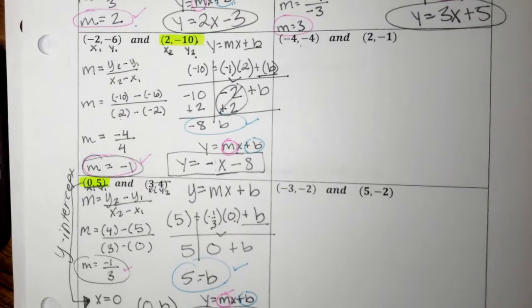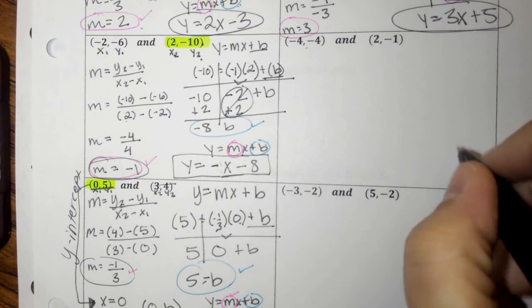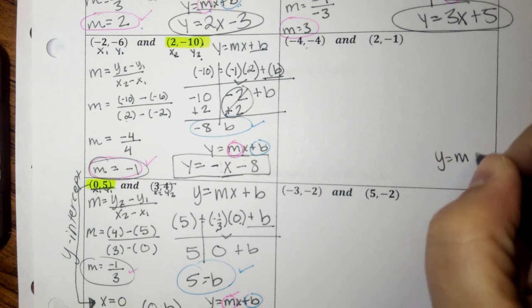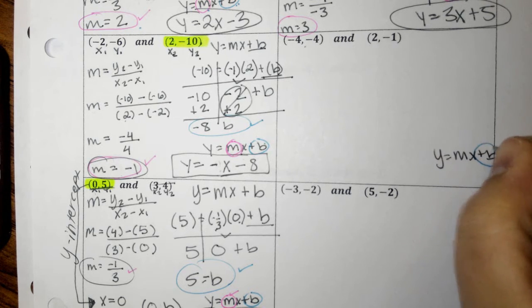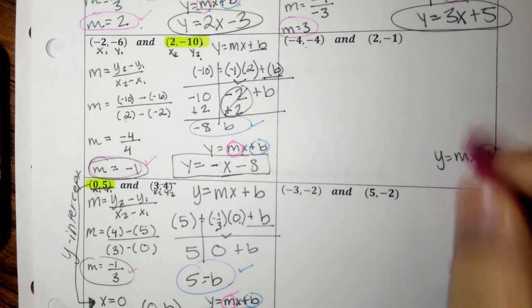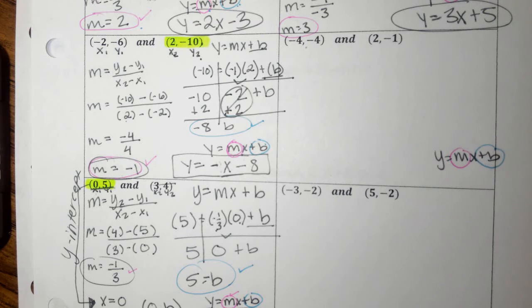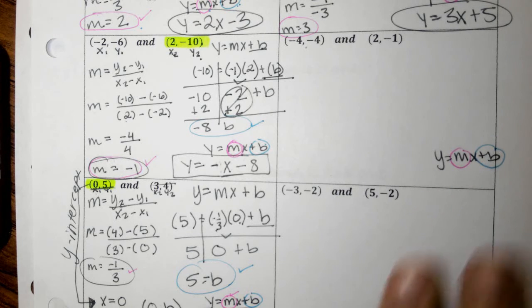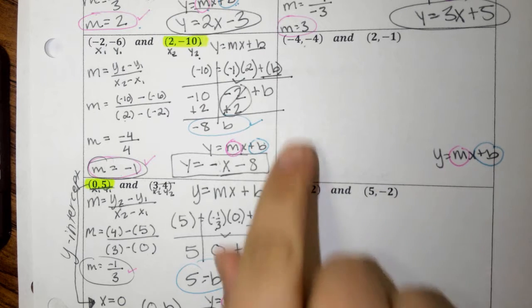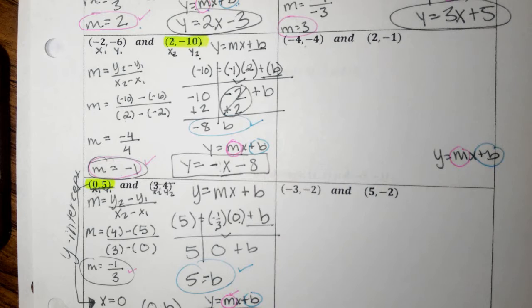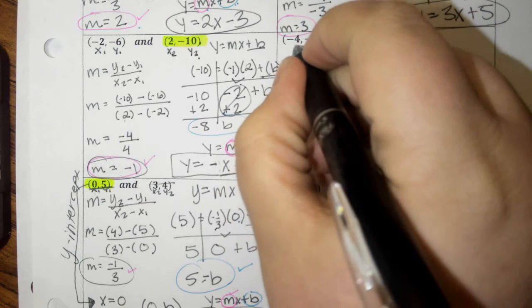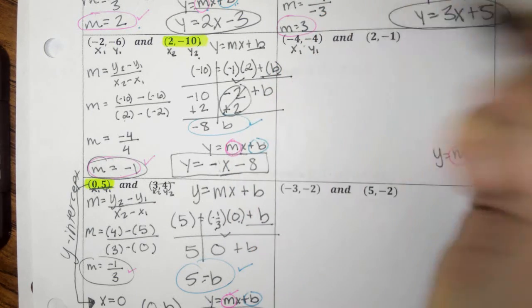Looking at the middle example, my goal is to write y equals mx plus b, replacing the y-intercept b with a number, and the slope m with a number. I don't know either of those things yet, but I can use the slope formula to find the slope between these two ordered pairs. So let's label those. That's x1 and y1.